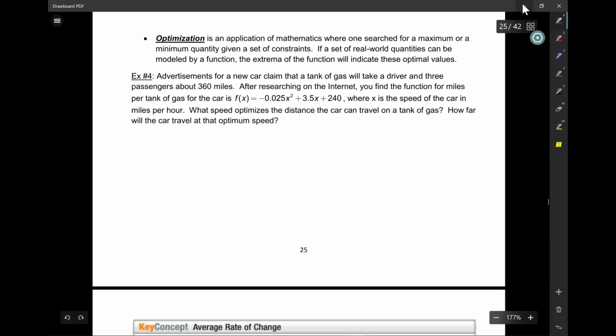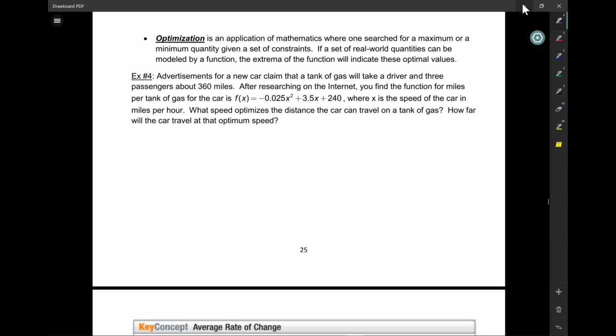Okay, so take a look at this one. Advertisements for a new car claim that a tank of gas will take a driver and 3 passengers about 360 miles. After researching on the internet, you find the function for miles per tank of gas for the car is that cute little function.